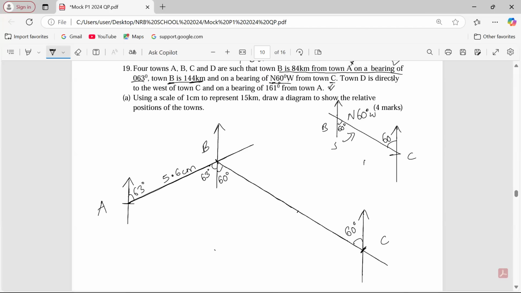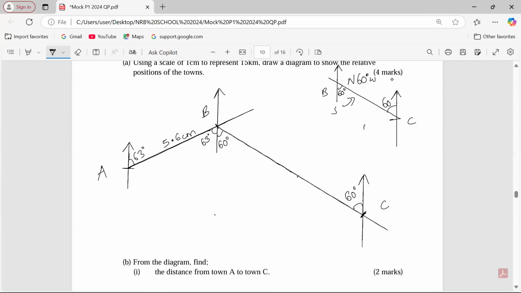Finally, where is D? Town D is directly to the west of C. Now, directly to the west means we are moving to the left hand side. That is the meaning of west.